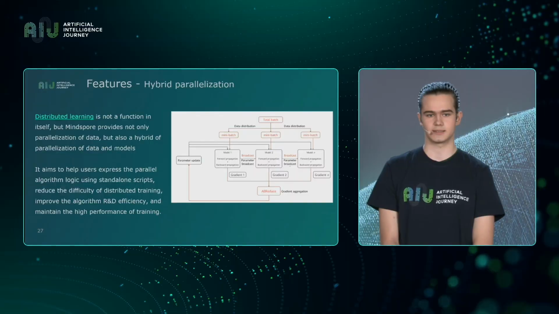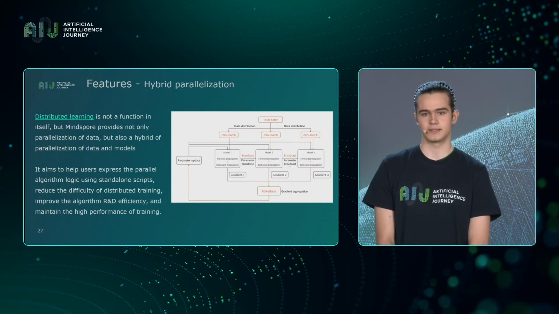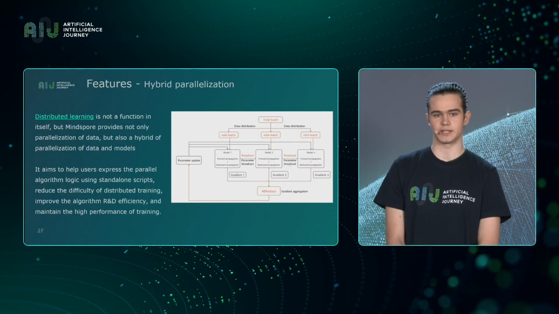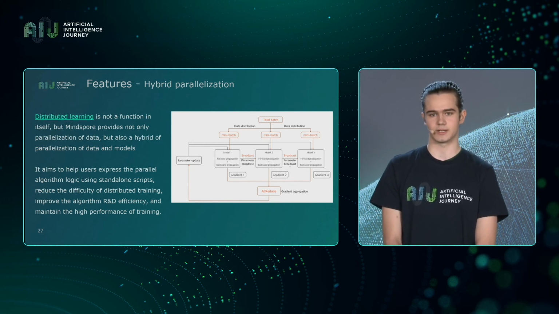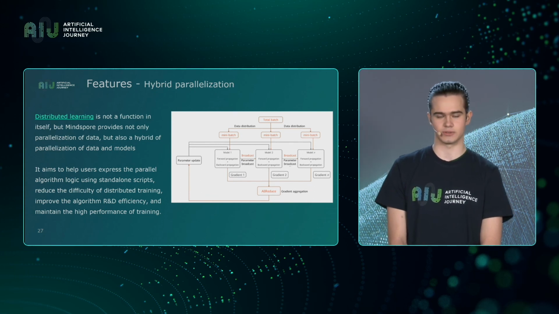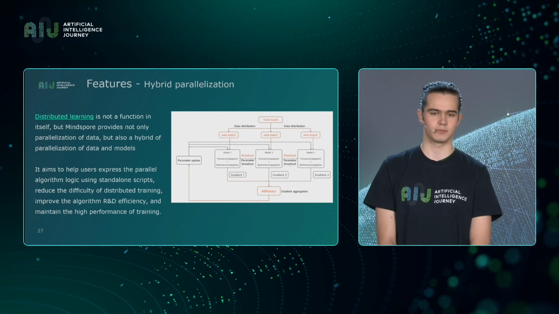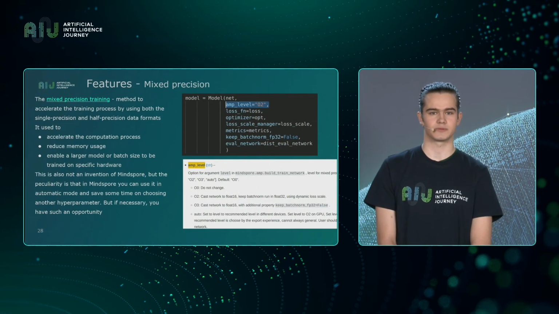Or you can put it on one device, but the device is not going to be used efficiently. And hybrid parallelization distributes layers of the model in order to improve performance, to speed up the process, and to use video boards more efficiently. It's built into Mindspore, and it helps automatically choose parameters of distribution and avoid thinking about how to distribute it. You just switch it on and you use it.